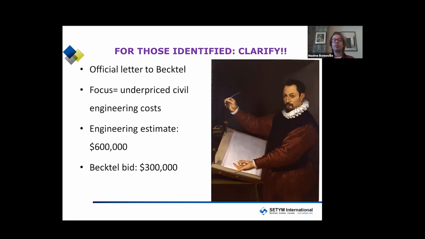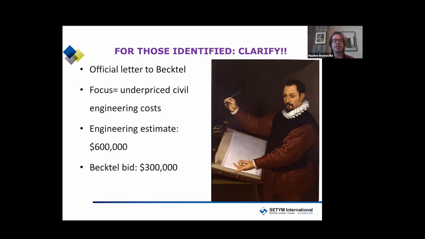So what you do in this case is you focus on what in the bid exactly seems to be underpriced compared to your engineering estimate. Let's say it was the civil engineering parts of this power plant construction. As you no doubt understand, a power plant construction requires different kinds of engineering.